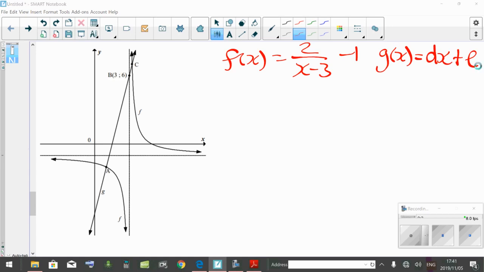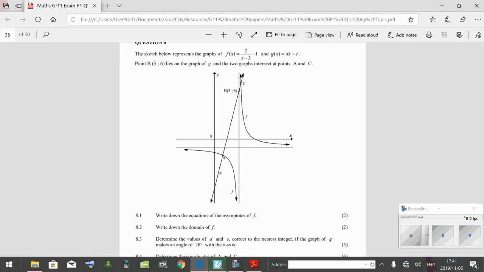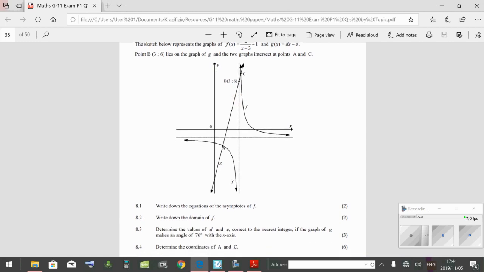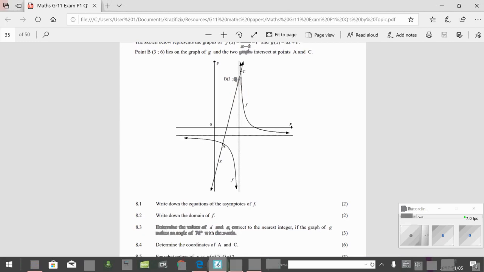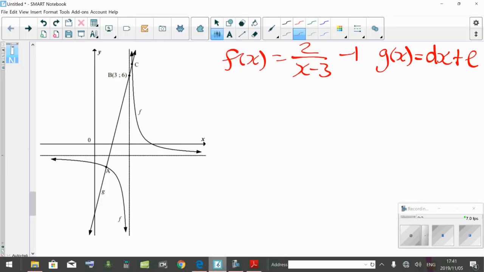Let's quickly confirm. Yes. Now we are told that the two graphs intersect at points A and C. Let's point there. And that point is a point of intersection. And we know that at the point of intersection, f is equal to g.